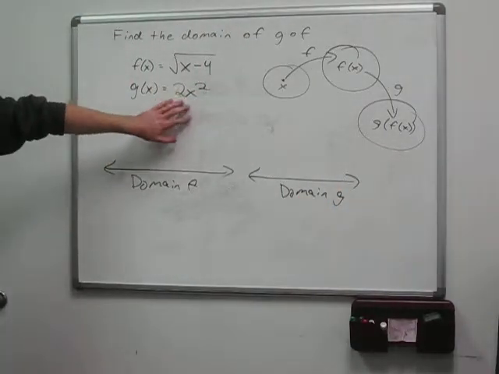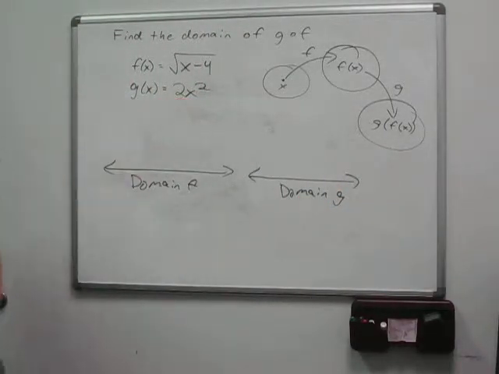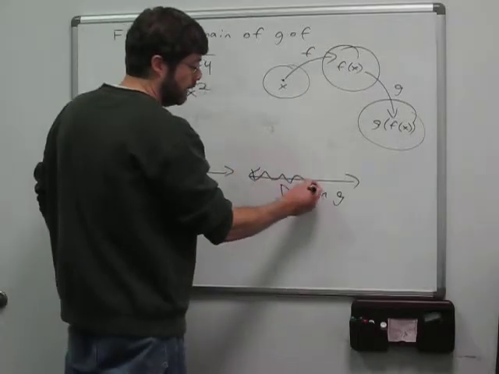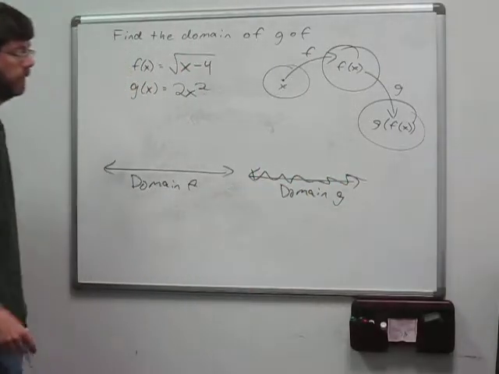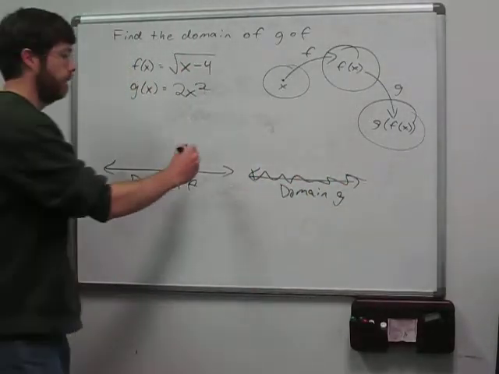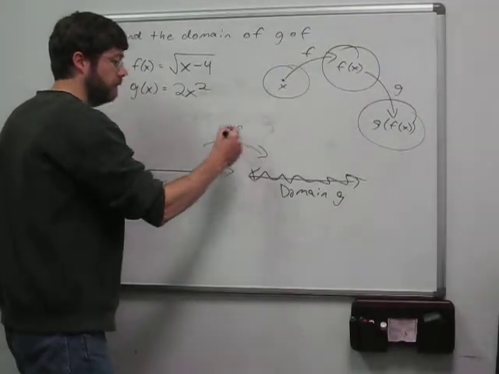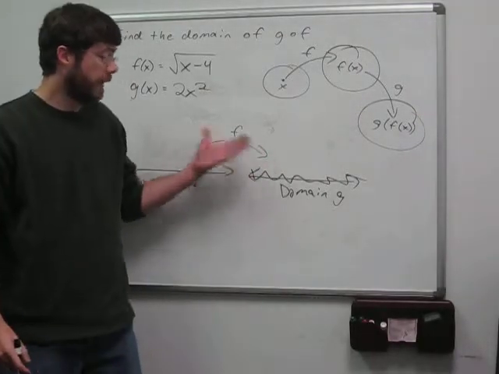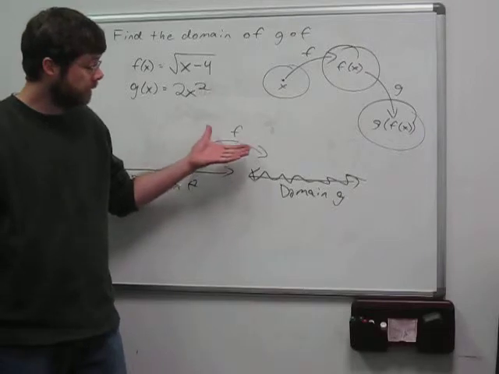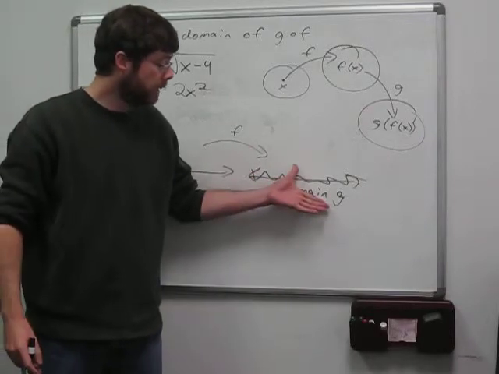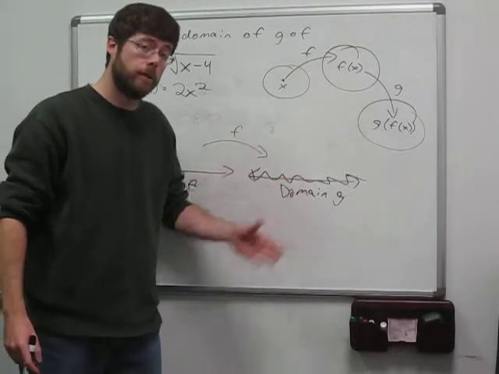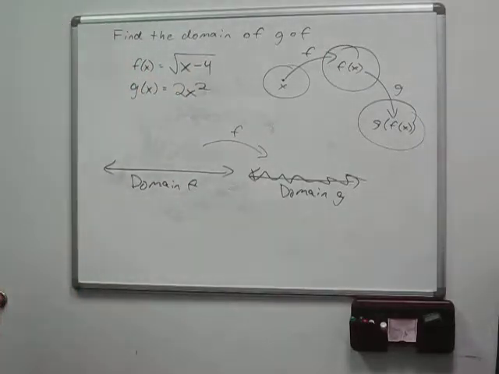What's the domain of g? g is a polynomial, so its domain is all real numbers. So any image from f whatsoever, any real number that gets spit out of f is going to be in the domain of g, and so I'll be able to apply g to the result.